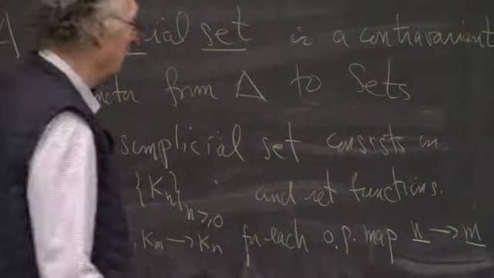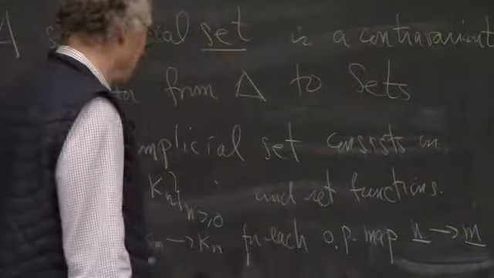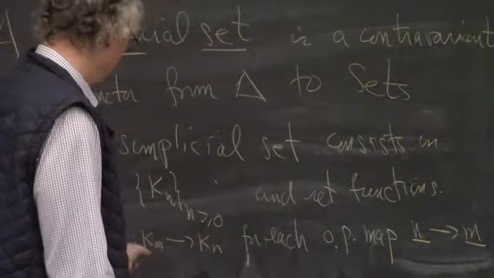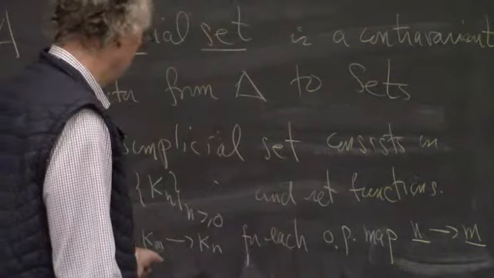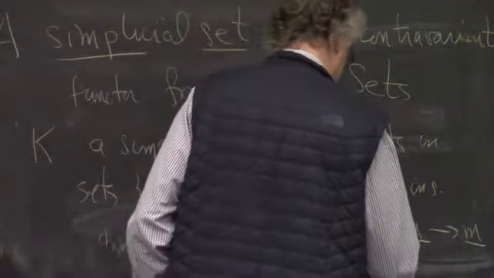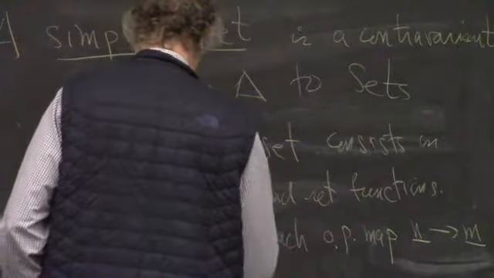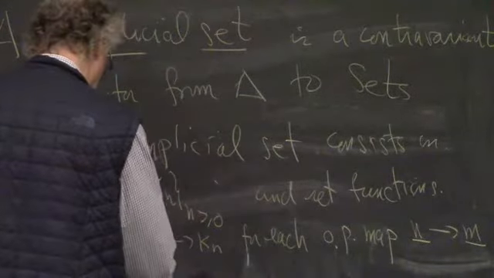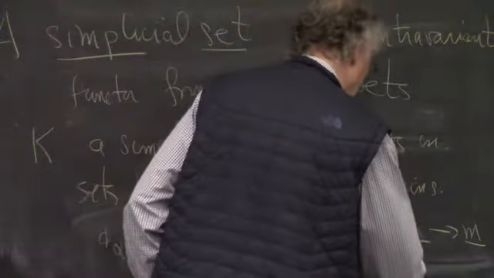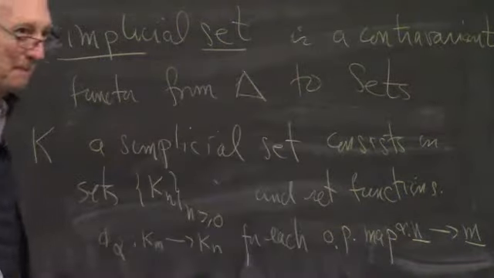And these maps are subject to the composition rules. So you don't have a notation for the map from n to m. Well, the alpha, one for each order preserving map alpha.